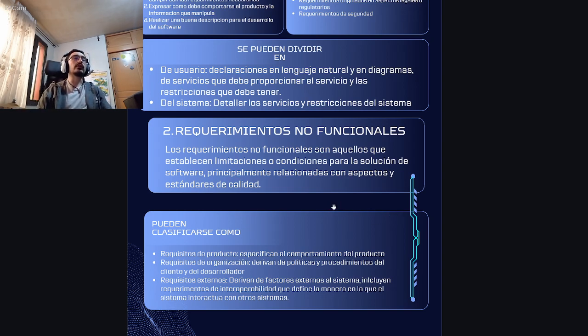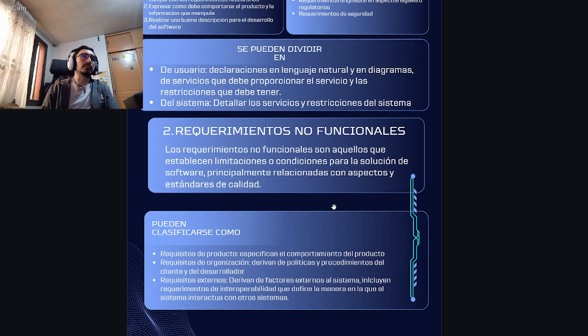In the other type, we can see the non-functional requirements. These are those that establish limitations or conditions for the software solution, mainly related to quality aspects and standards. These can be classified as the requirements of the product, which specify how the product should behave.